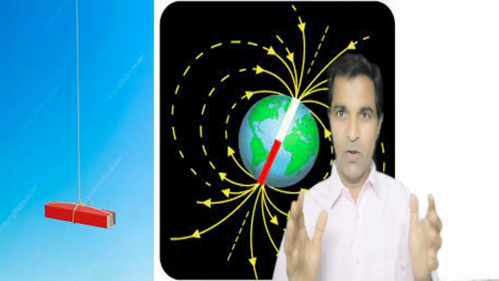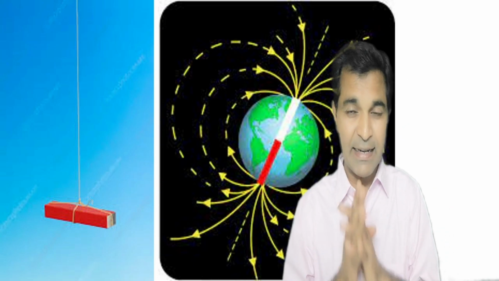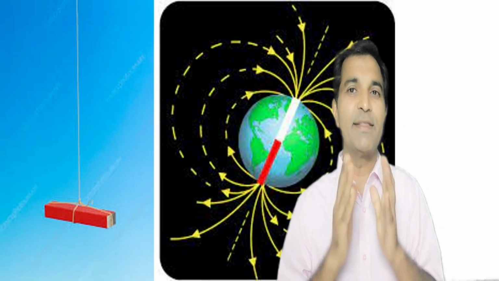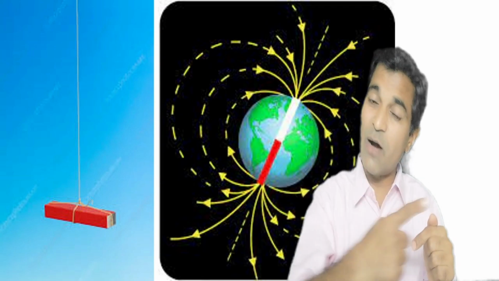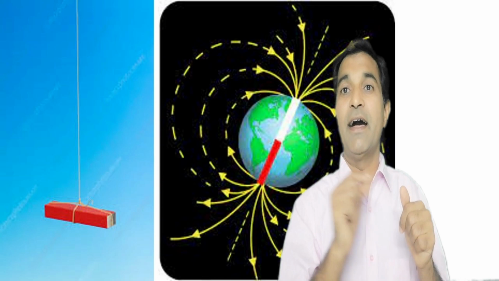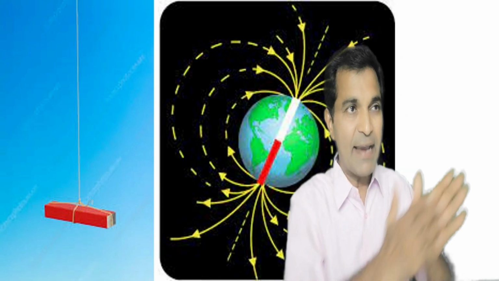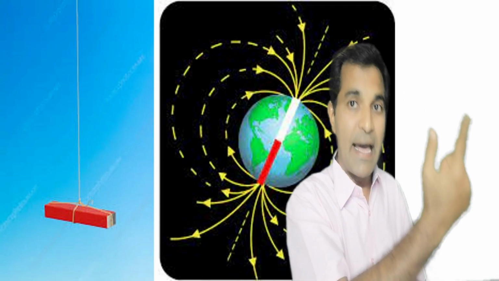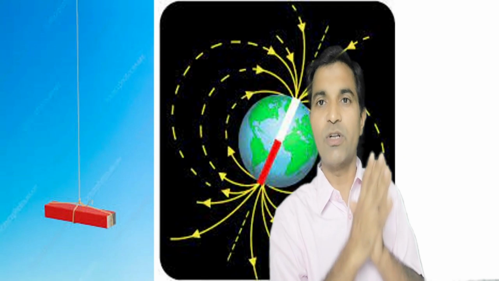The person who is willing to go to IITs should have a very clear mindset that the north pole of Earth is basically the south pole of the magnetic pole of Earth, right? The magnetic pole direction is opposite to that of the Earth's geographic pole.